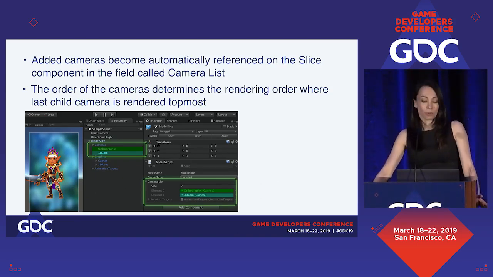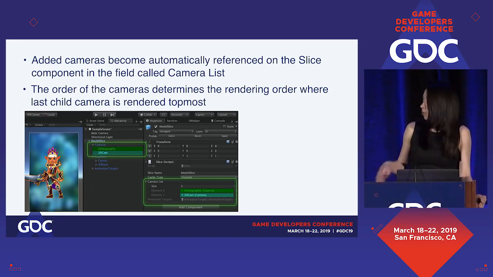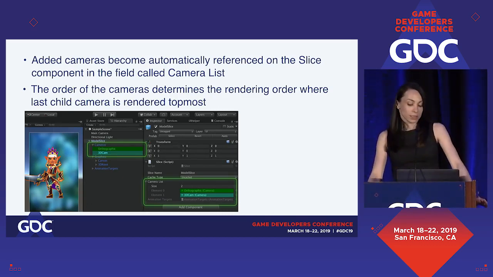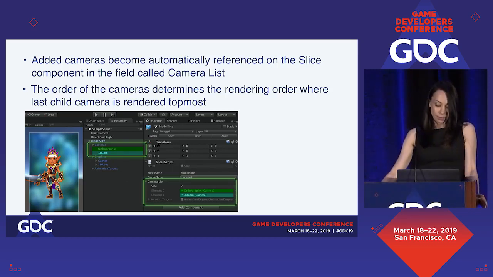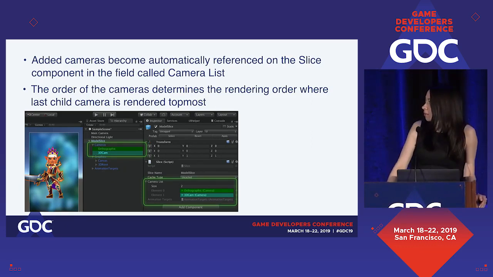The order of the cameras determines the rendering order, where the last camera is rendered topmost, which was pretty much inspired by the Unity UI render order. So in the end, we can easily build multiple layers, operate with them, and correctly build a hierarchy in a short period of time.